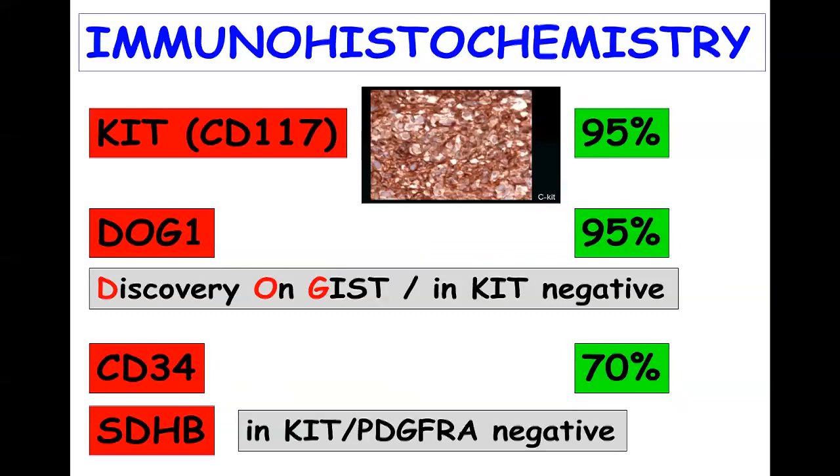It is especially important in KIT negative. 70% are CD34 positive. And it is important to research SDHB in case of KIT or PDGFR alpha negative.